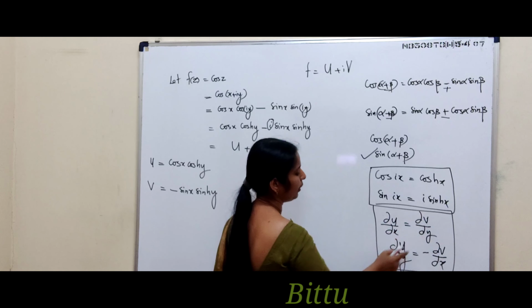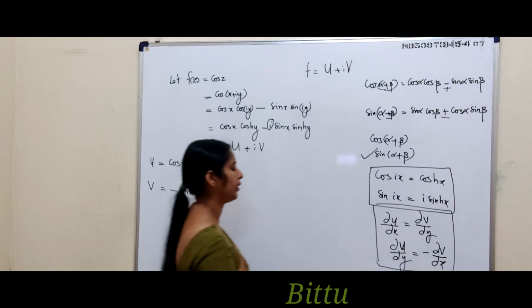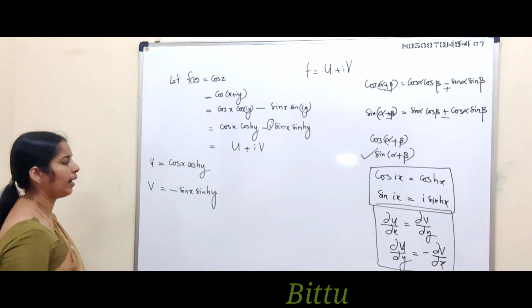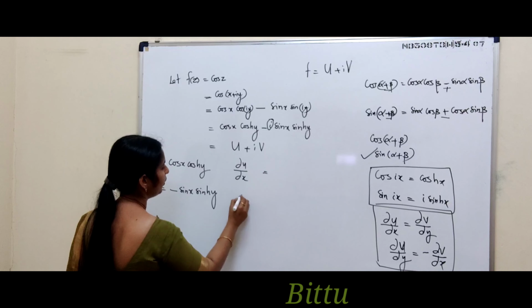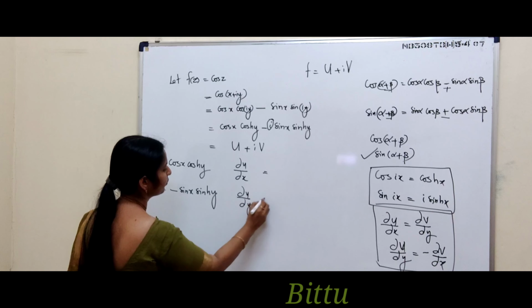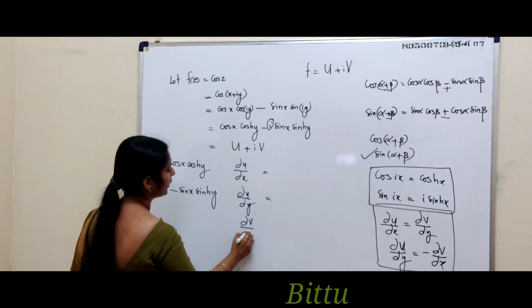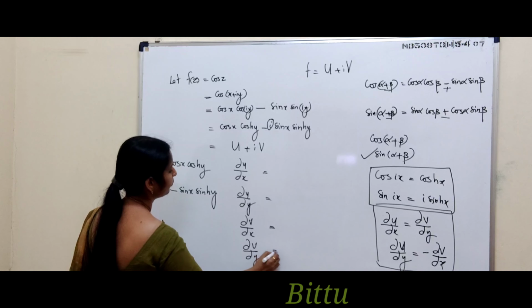That is ux equal to vy and uy is equal to minus vx. So you have to find ∂u/∂x, ∂u/∂y, ∂v/∂x and ∂v/∂y.